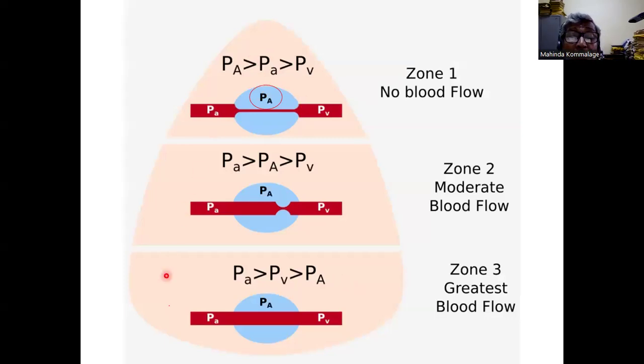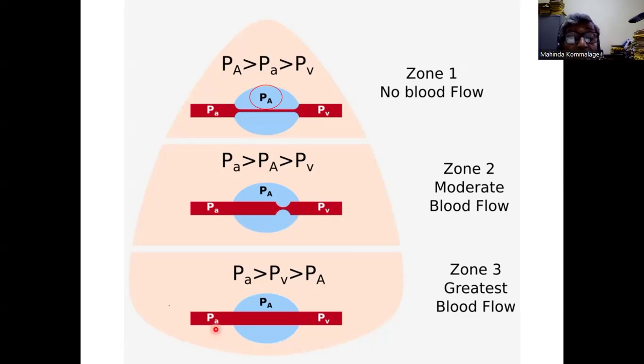If we divide the lungs into 3 zones, the sizes of the zones are not the same. In the upper zone, pulmonary arterial pressure is considerably low, right? And alveolar pressure is higher than the pulmonary arterial pressure. So it is difficult for blood to flow through the capillaries because of the high alveolar pressure compared to pulmonary arterial pressure. In the middle zone, pulmonary arterial pressure is higher than that. There can be a considerable blood flow.